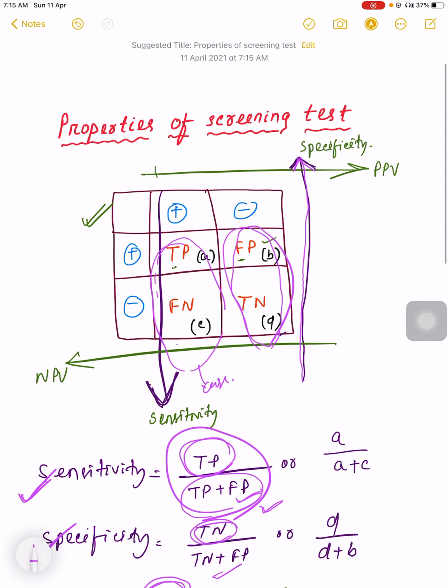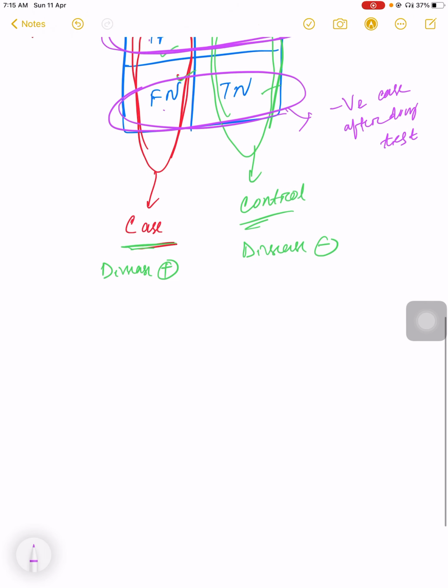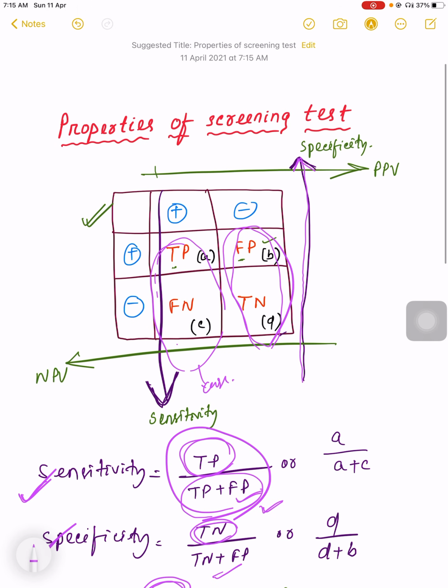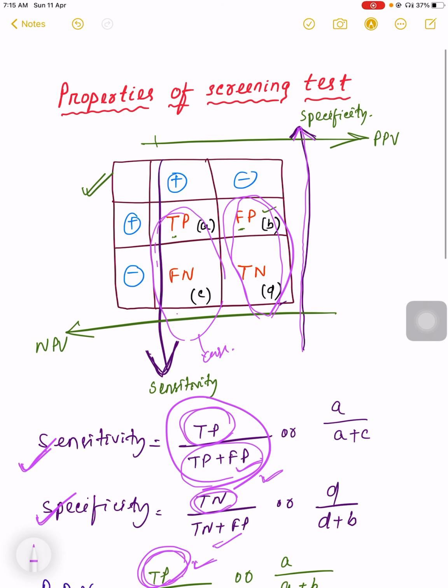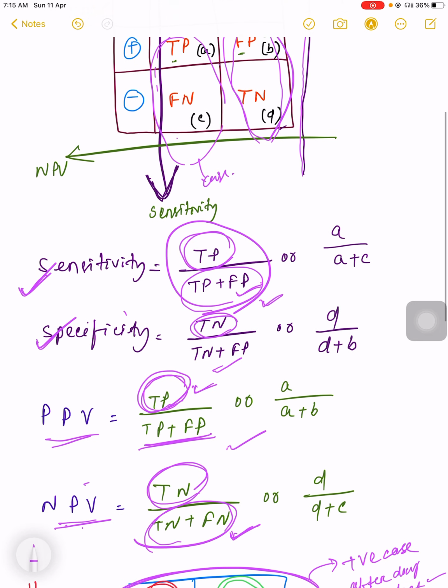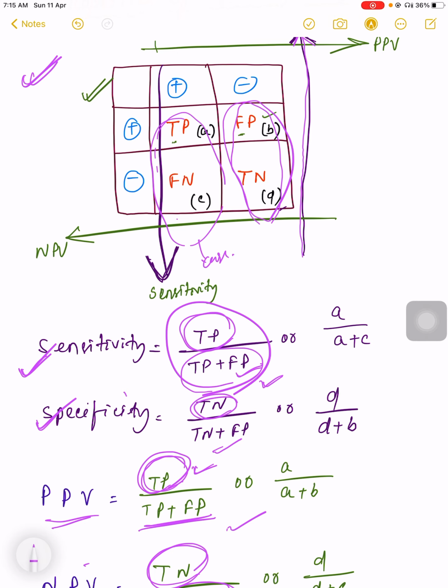Okay, I think you are now clear about the properties of the screening test. Again, I am telling you to take a screenshot of this picture and remember the formulas of sensitivity, specificity, positive predictive value and negative predictive value, and how to derive the definitions and the formula from this table.